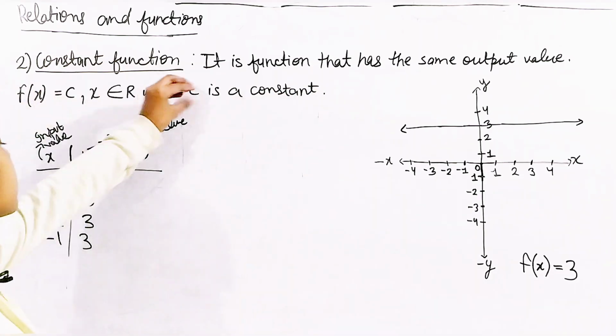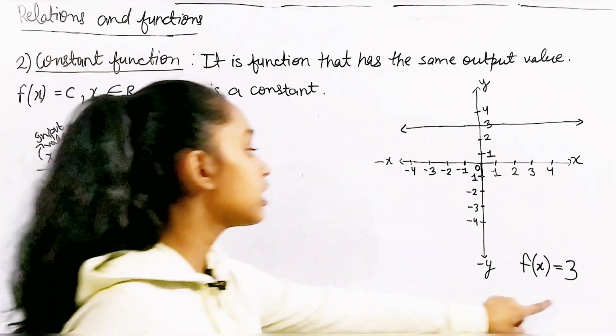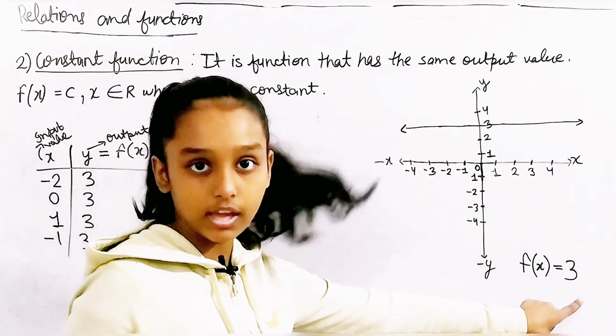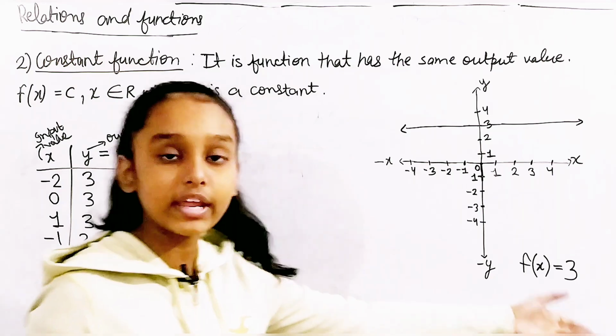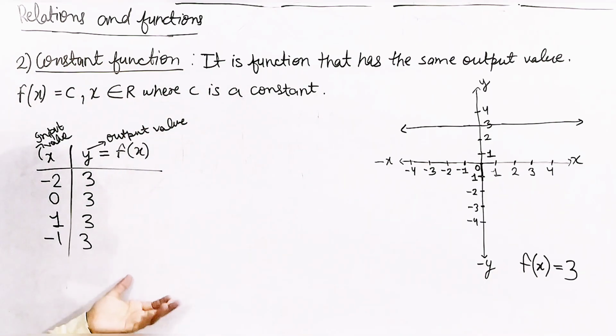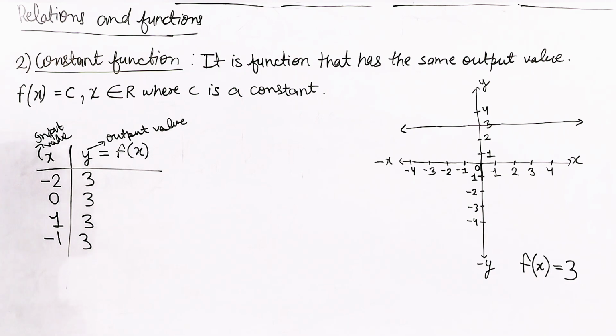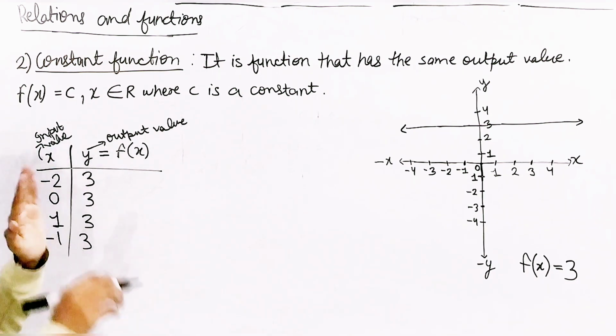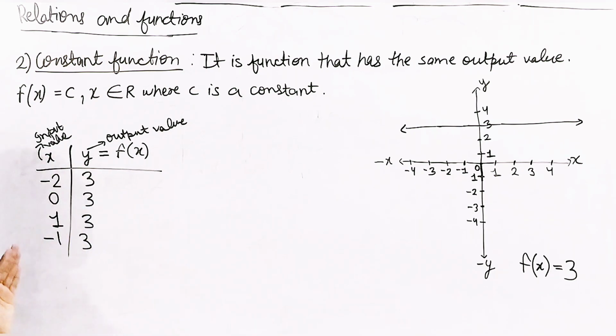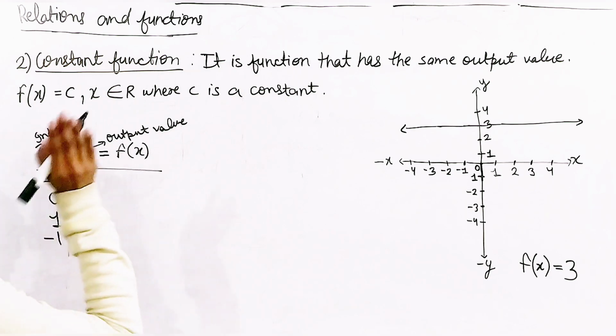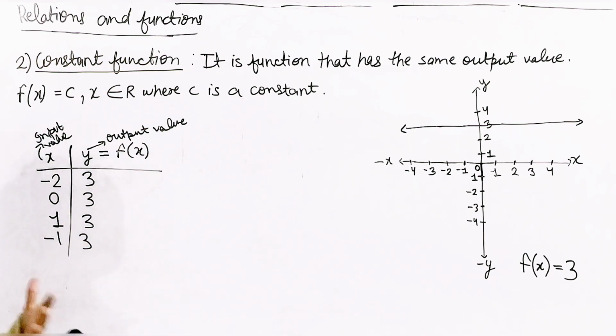In the place of c, I put the 3, so f(x) is equal to 3, and that's what I've just written here. So the output value is going to be 3. That's fixed, no matter what the input value is. We just have to keep it in our mind so as not to forget it.